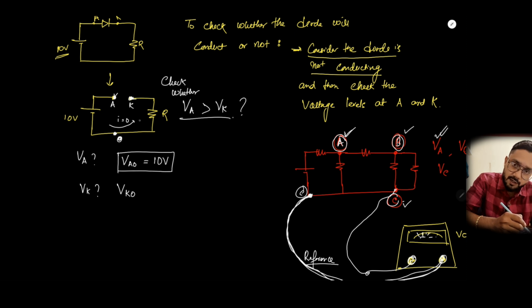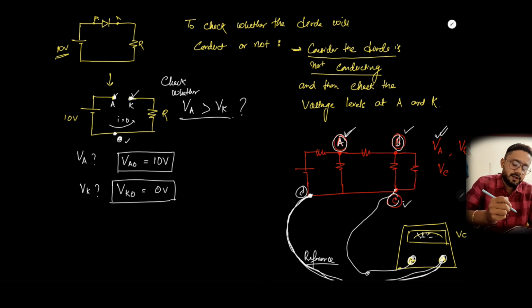So Vk is equal to VO, and it will be 0 volts, because both points are at the same potential.